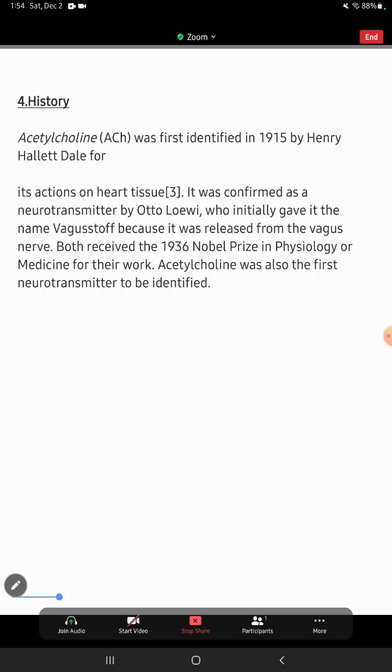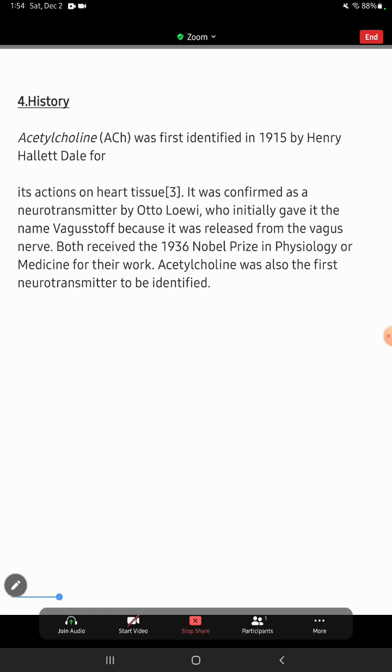Here is history. Acetylcholine was first identified in 1915 by Henry Hallett Dale for its action on human tissue. It was confirmed as a neurotransmitter by Otto Loewi, who initially gave it the name vagusstoff because it was released from the vagus nerve.